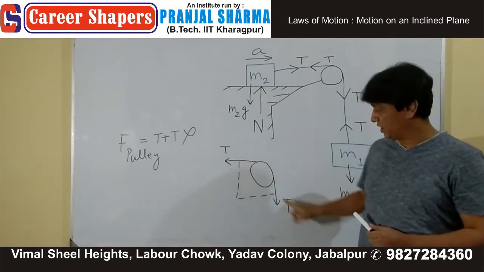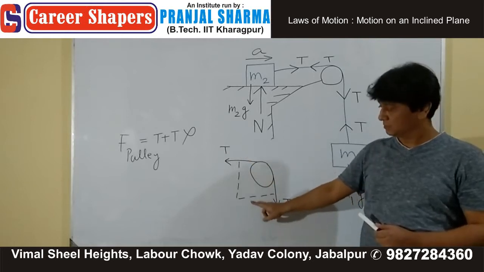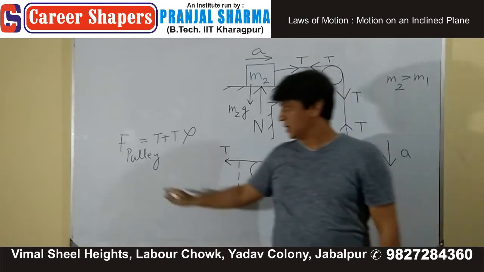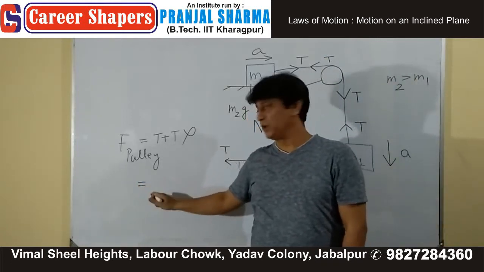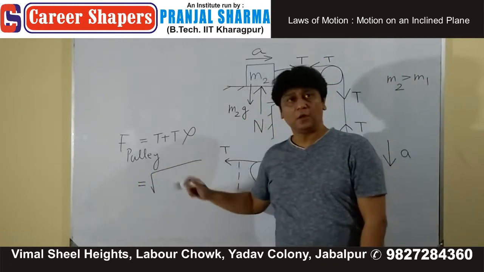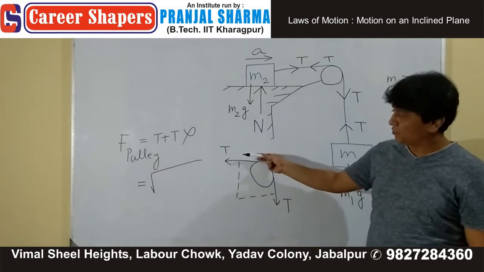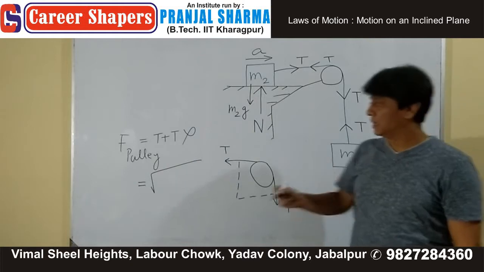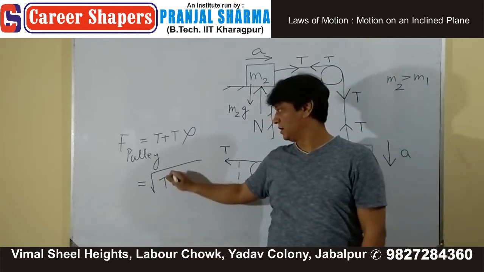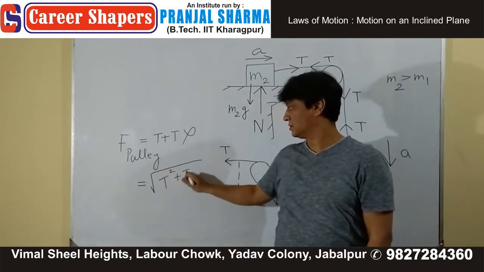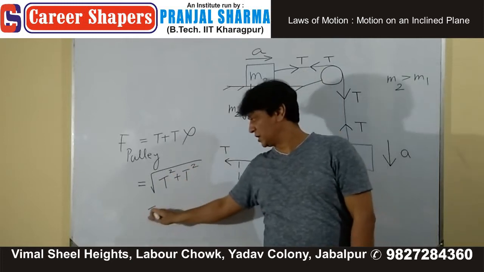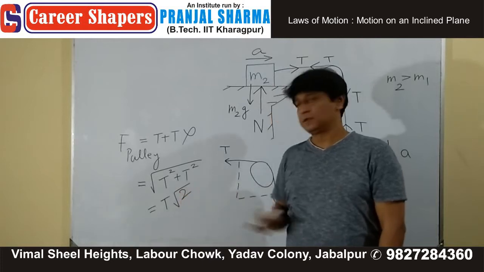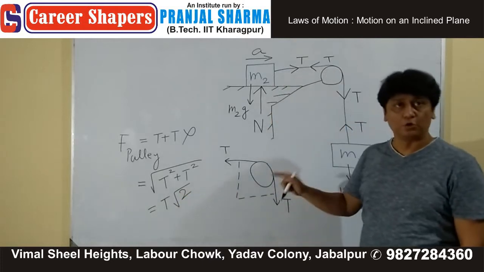What is the angle between these two? 90. Horizontal, vertical. In such a situation, how do you find the total? Whenever you have two forces which are perpendicular to each other, the resultant is given by this. And therefore, the answer is T root 2.